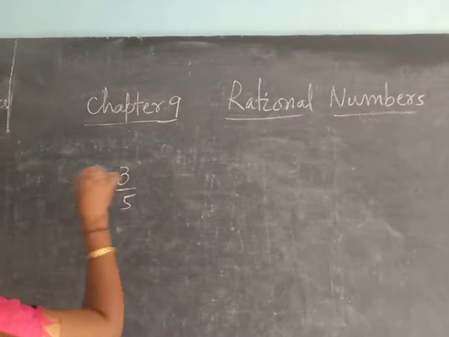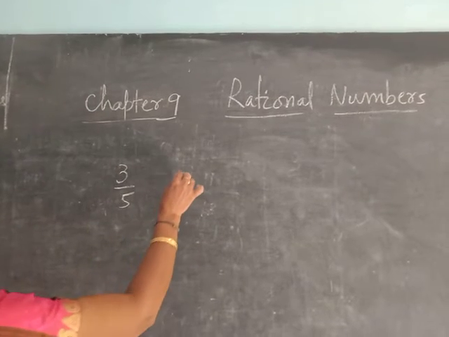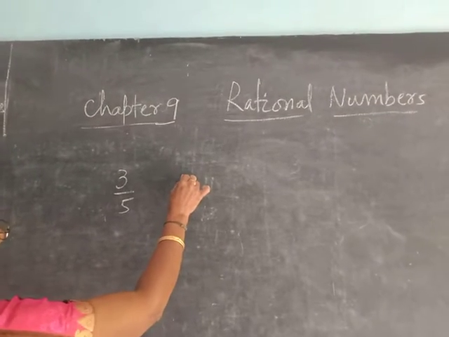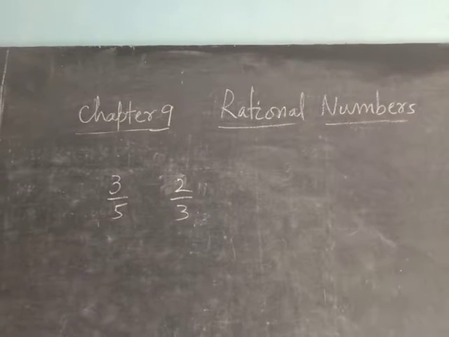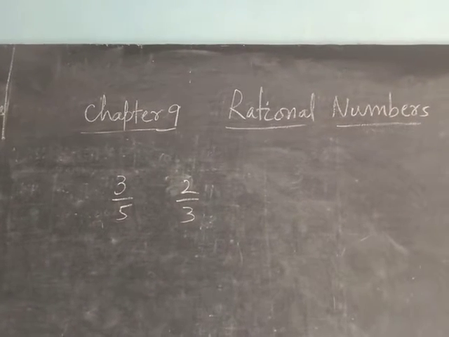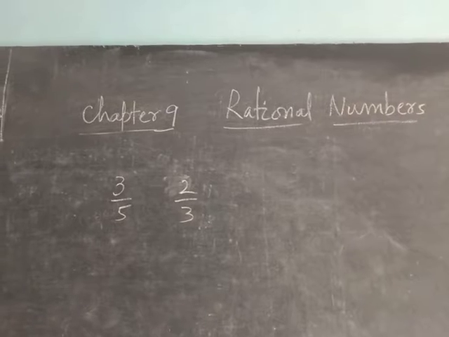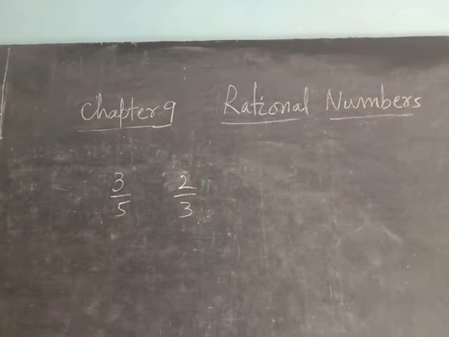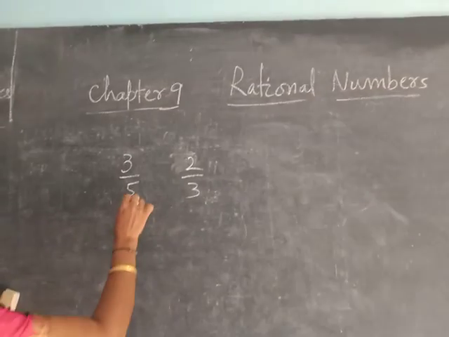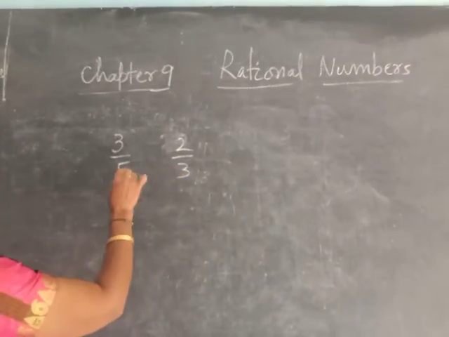Suppose 3 by 5 is one number, and another number is 2 by 3. Then how do you find the numbers between these two? First, what will you do? You have to equalize the denominators.